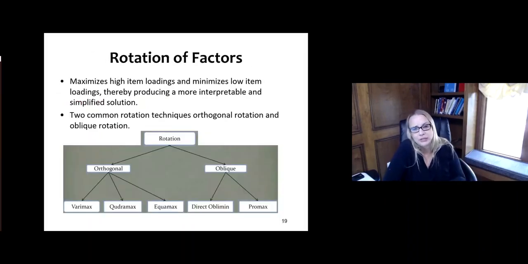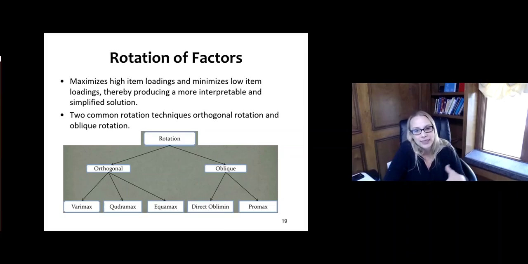So let's talk about rotation of factors that can be employed to make your data and the principal components more interpretable. You rotate your factors to maximize the high item loadings and minimize your low item loadings. This will produce a more interpretable and simplified solution.